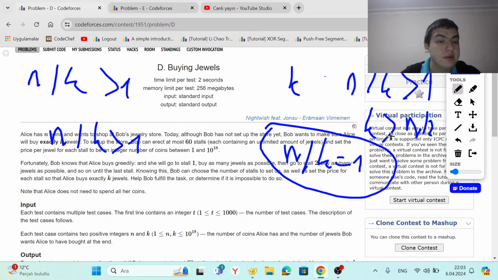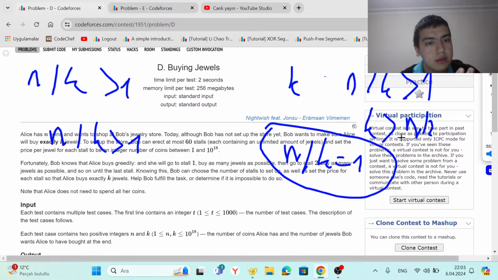Let's say if you use 2 in one stall, you need to have at least exactly 2k jewelry, 2k coins. If 2k is greater than n, then we cannot use 2.